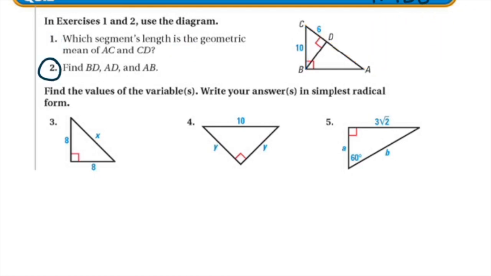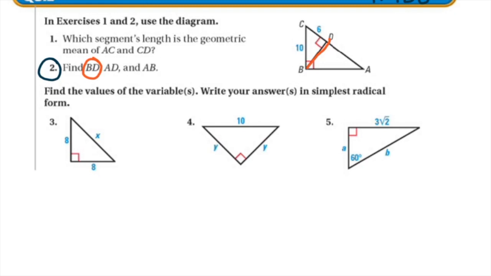Number 2 is a 3-part question. It's asking for the length of BD, AD, and AB. First, let's start with BD. You have to identify that BD is the altitude in this picture.